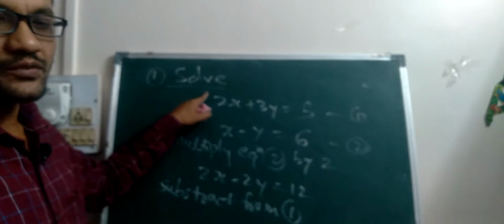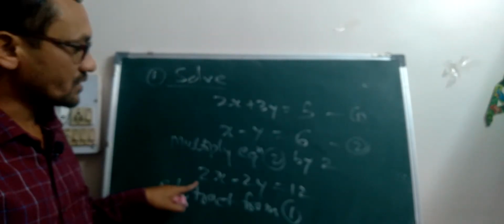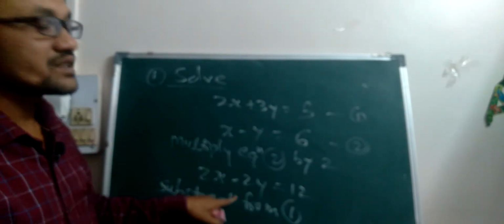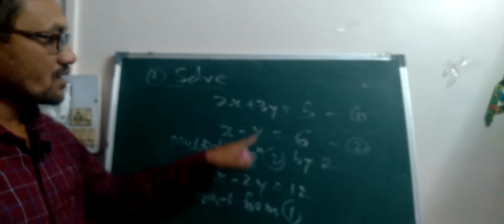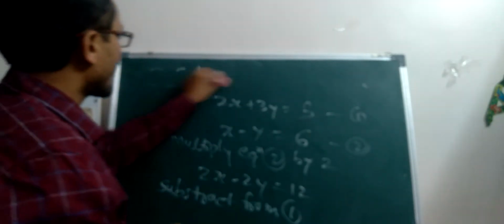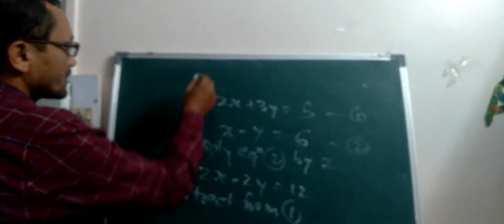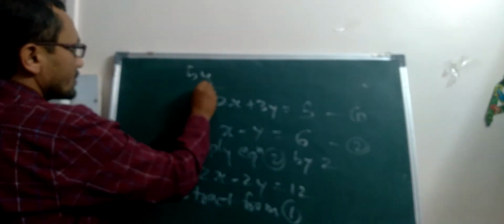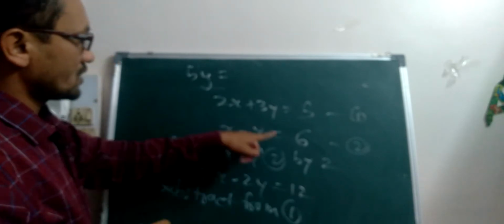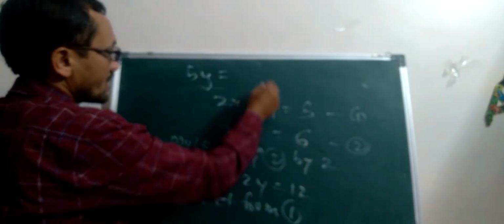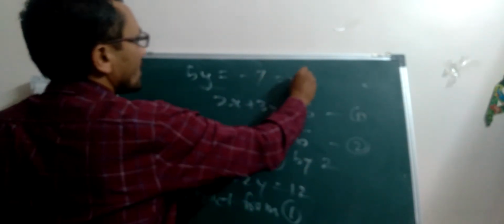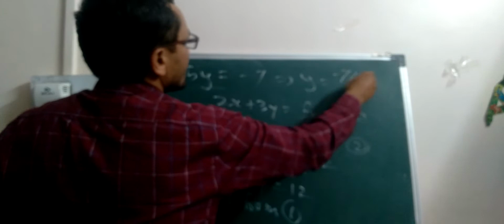After subtraction, what do we get? 2x minus 2x gets cancelled. 3y minus minus 2y, minus minus is plus, 3 plus 2, 5y. 5y is equal to 5 minus 12, so it is minus 7. So what is the value of y? y is nothing but minus 7 by 5.